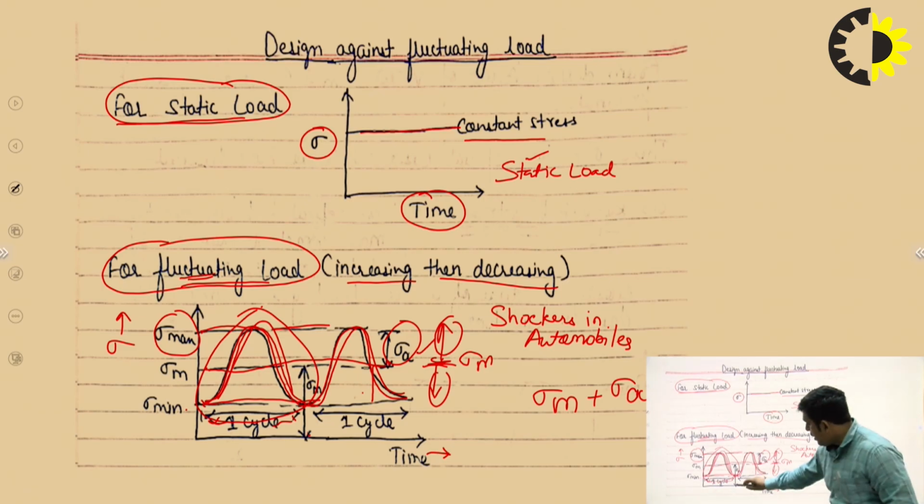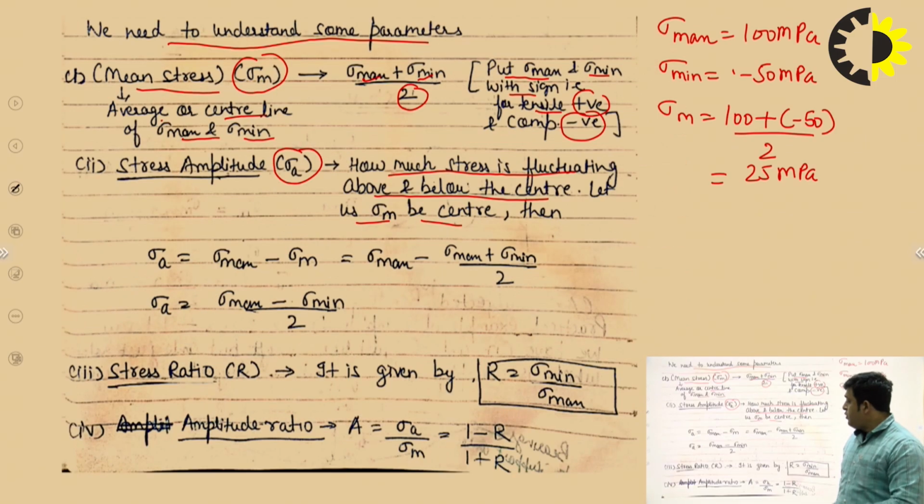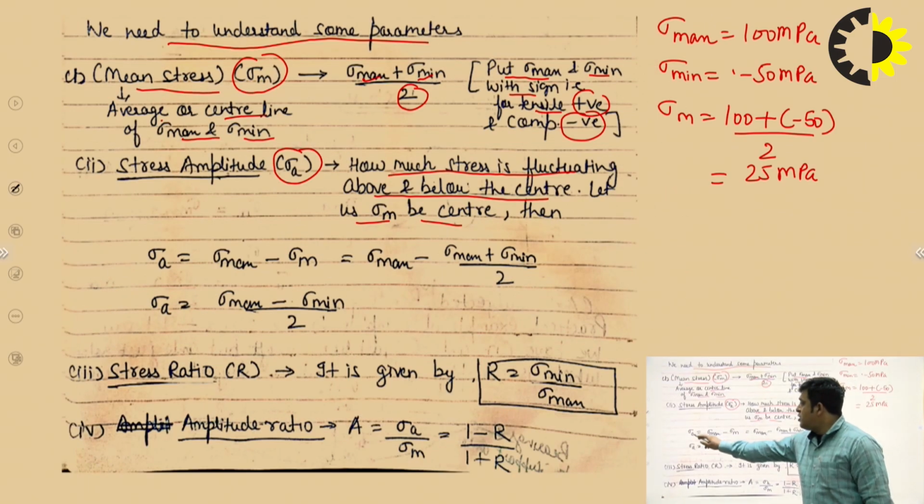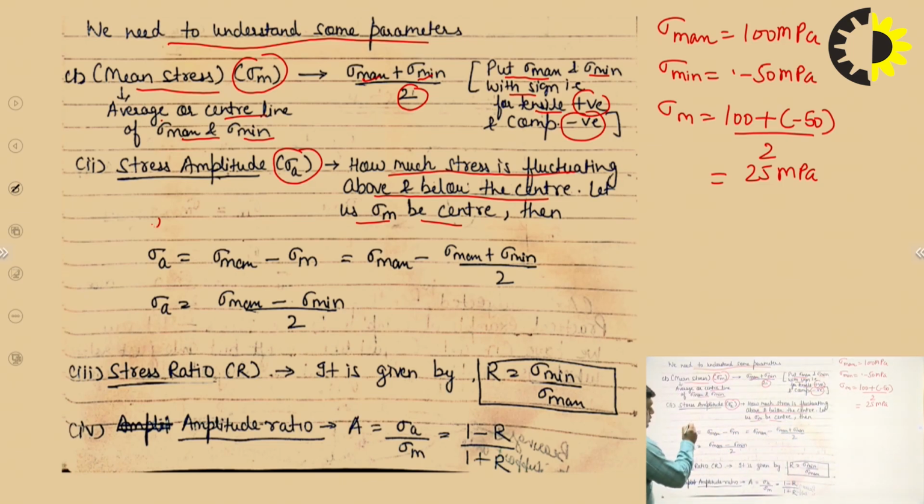That is, sigma m plus sigma a gives total sigma maximum. So this equation can be written as sigma a plus sigma m equal to sigma maximum.